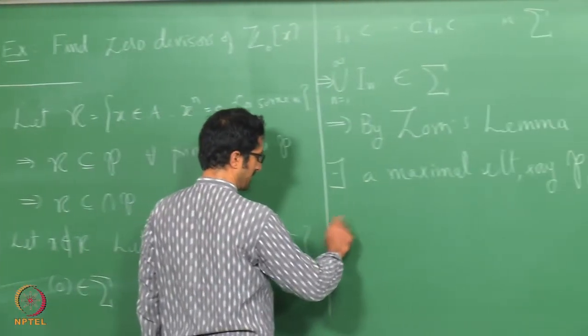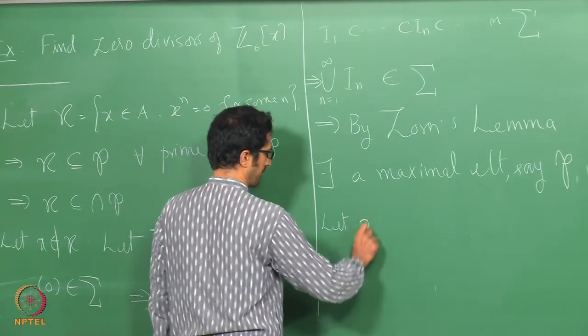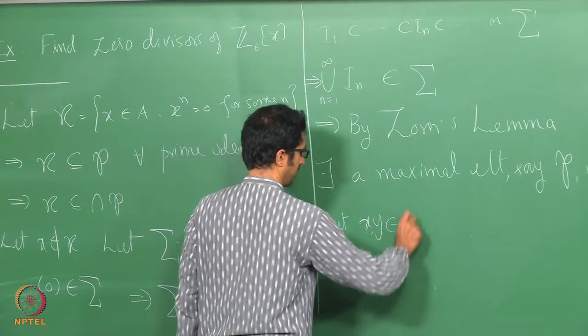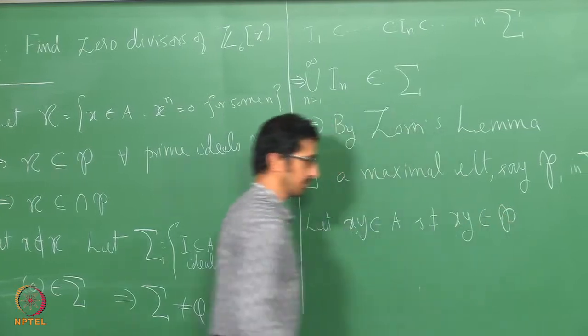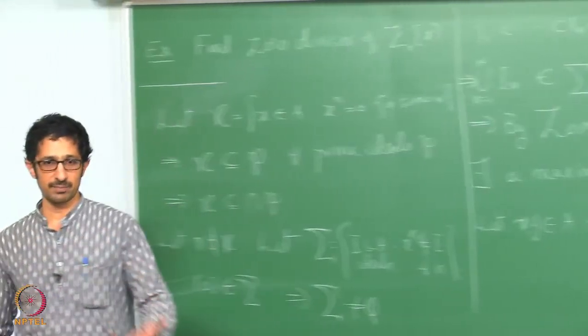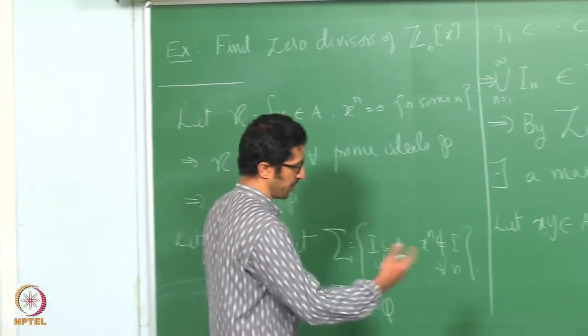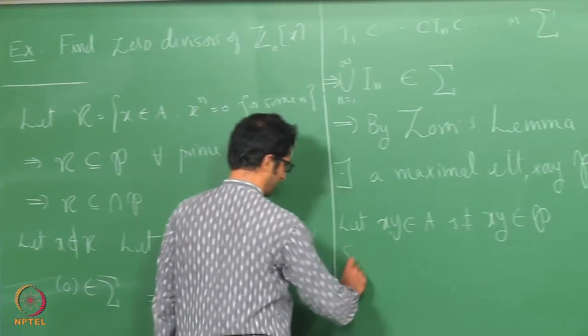So suppose I have x, y in A such that the product xy belongs to P. We want to say that either x belongs to P or y belongs to P.